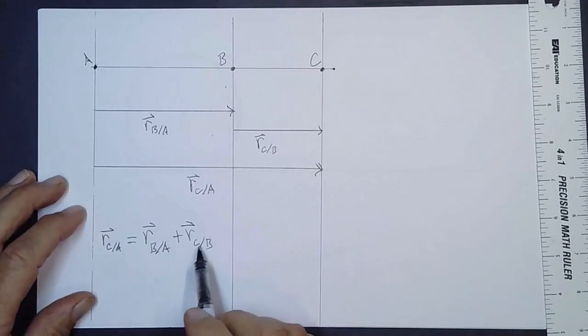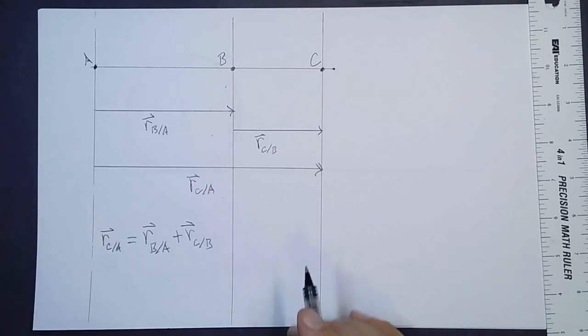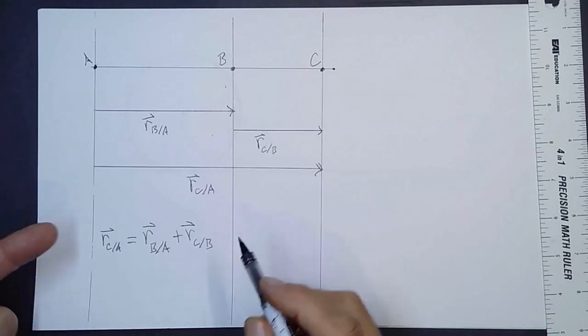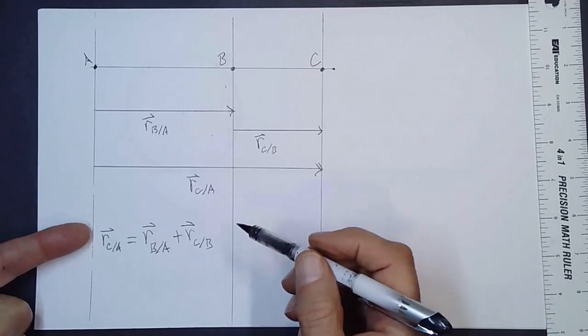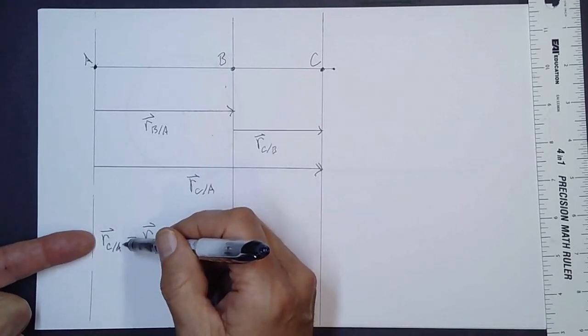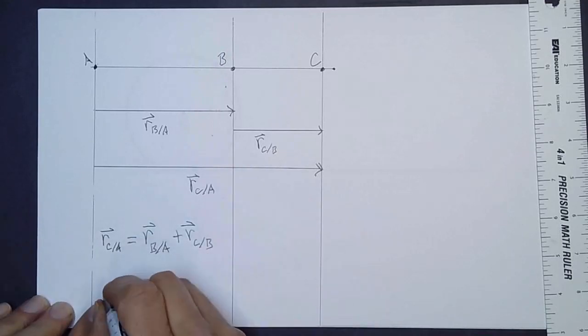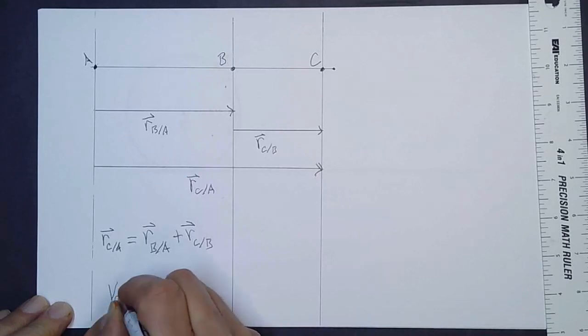Now, these are just position vectors, but I can take time derivatives of this equation. I'd take the time derivative of the left side, and I would get the velocity of C with respect to A.